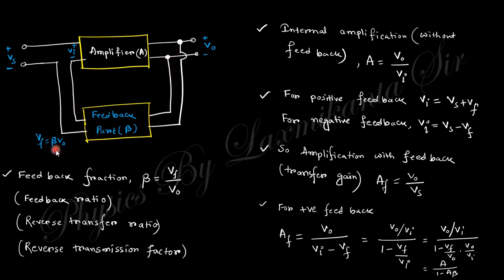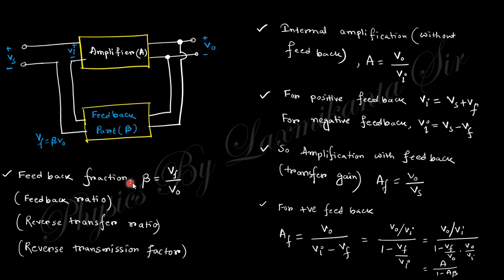The feedback network has gain beta, and its output is VF, the feedback voltage, and the input to it is Vout. The output of this feedback network is this voltage and the input is Vout. That's why beta equals VF by VO. So VF equals beta VO.